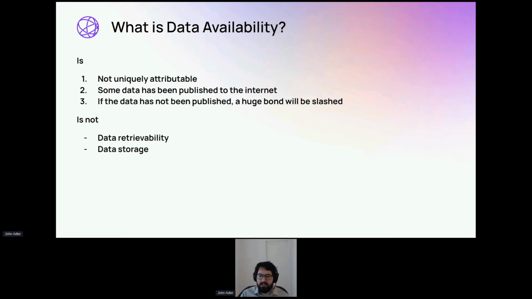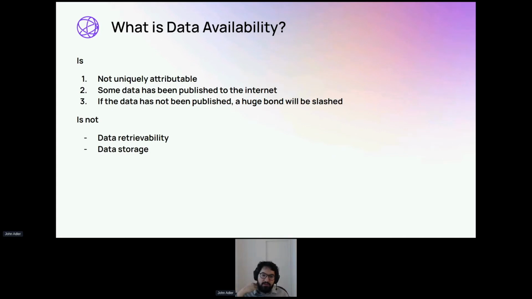So what isn't data availability? It isn't data retrievability, and it isn't data storage. So once something has been published to the internet, we assume the internet never forgets, and you can retrieve it even if it's very cumbersome, but we don't provide any mechanism enshrined to retrieve it. It's also not data storage, and this is important because there's a variety of data storage protocols, like there's Siacoin, there's Arweave, there's Filecoin, there's other variety of things.